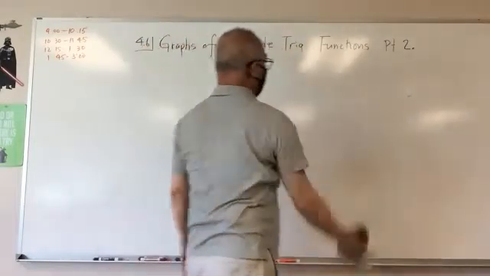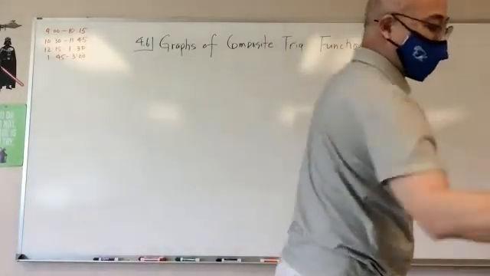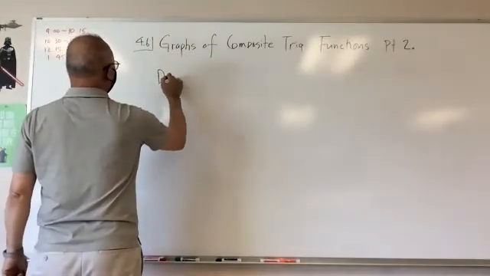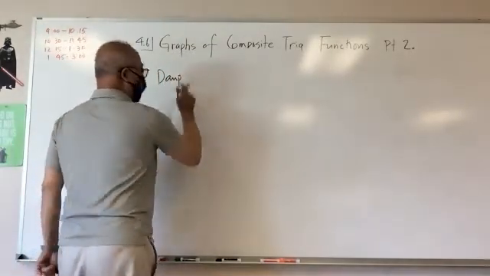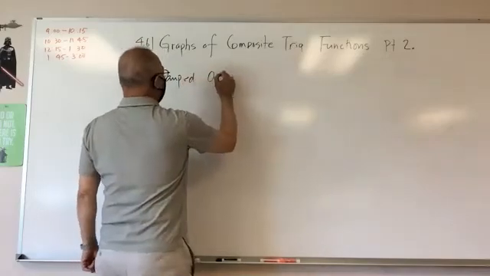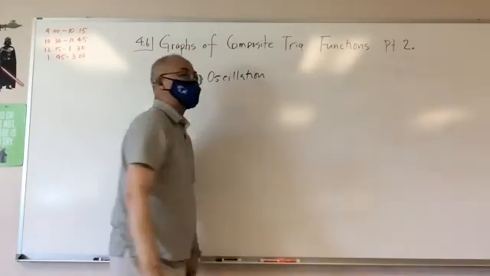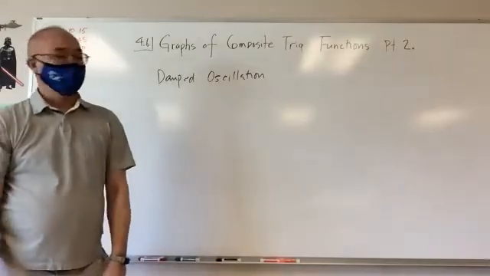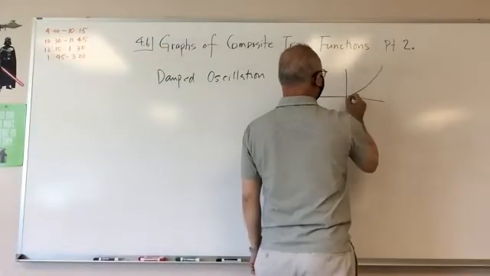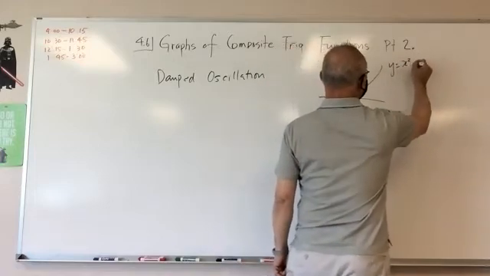Damped oscillation is something that actually happens every day in your life. You're not aware of it. Sound waves. Oh, you are now aware of your breathing. Damped oscillation is where something oscillates between graphs. In other words, remember we had y is equal to x squared sine x?